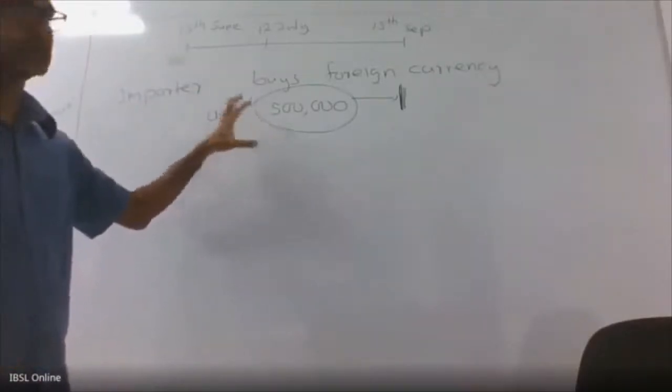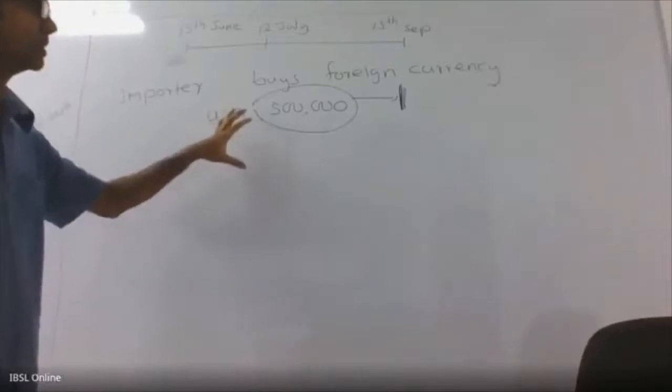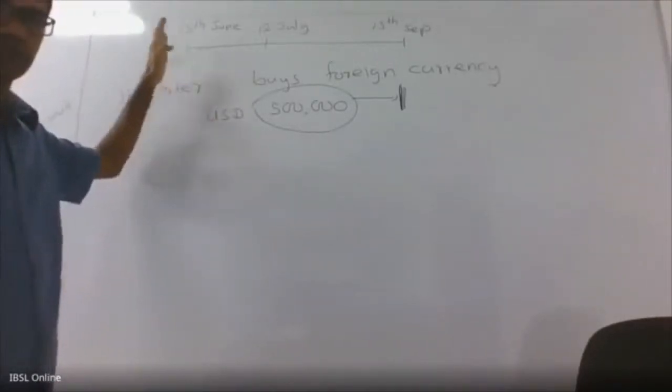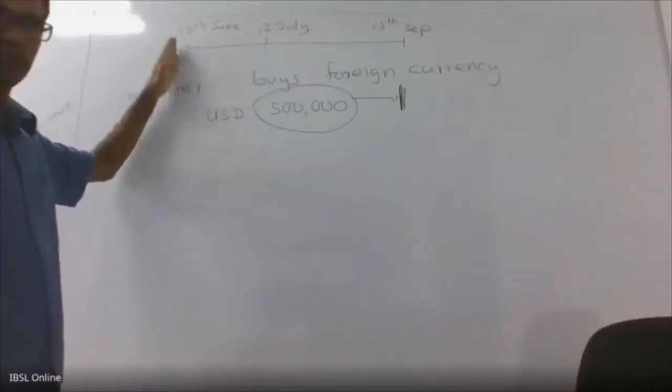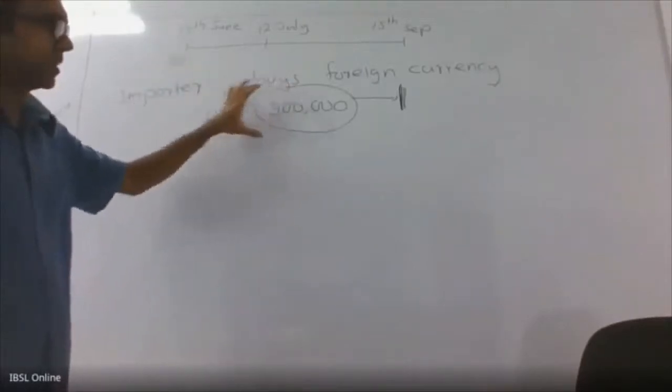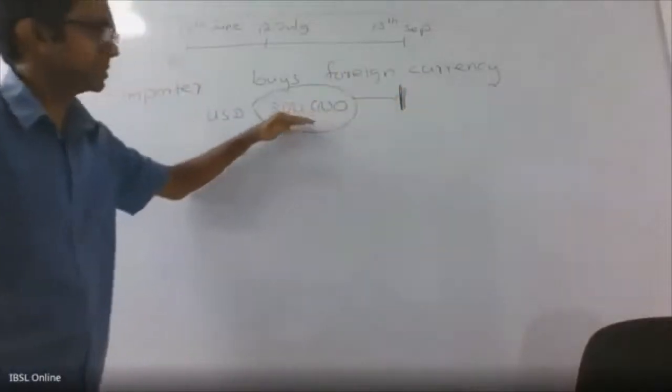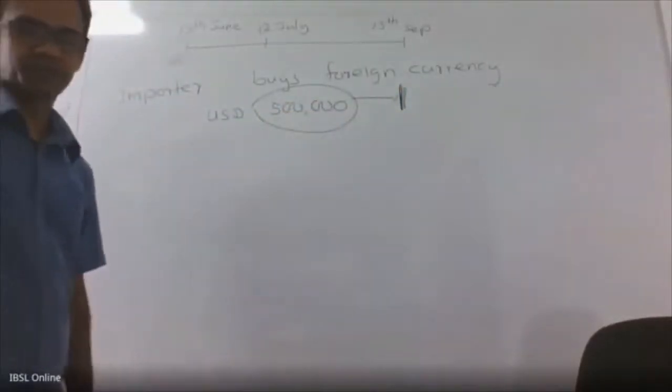Again, the amount is up to the importer or the exporter to decide. So now in this example, the importer has entered into the transaction to buy copper on June 15th, and the value of the payment due on 15th September is 500,000.